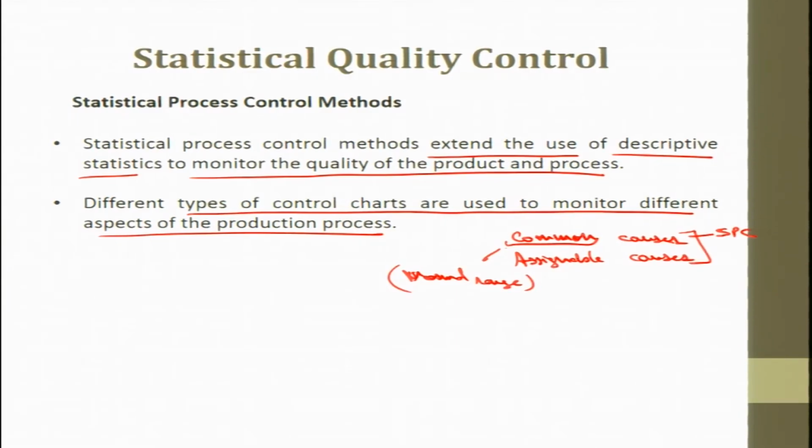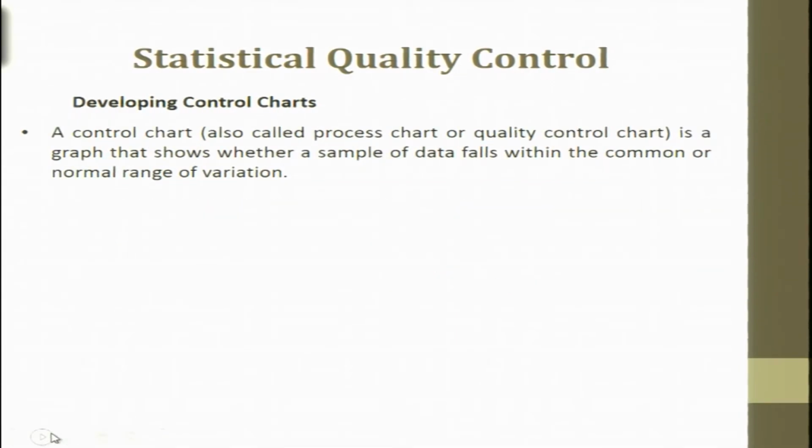So how to develop the control charts? A control chart, also known as a process chart or quality control chart, is a graph that shows whether a sample or data falls within the common or normal range of variation.